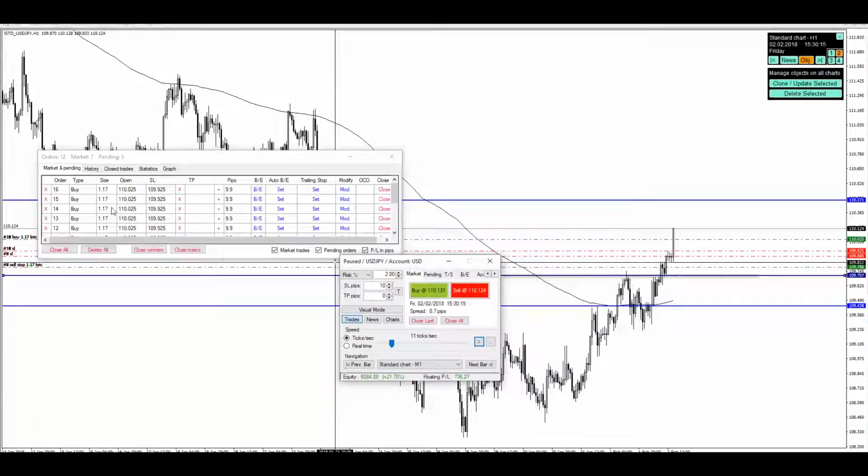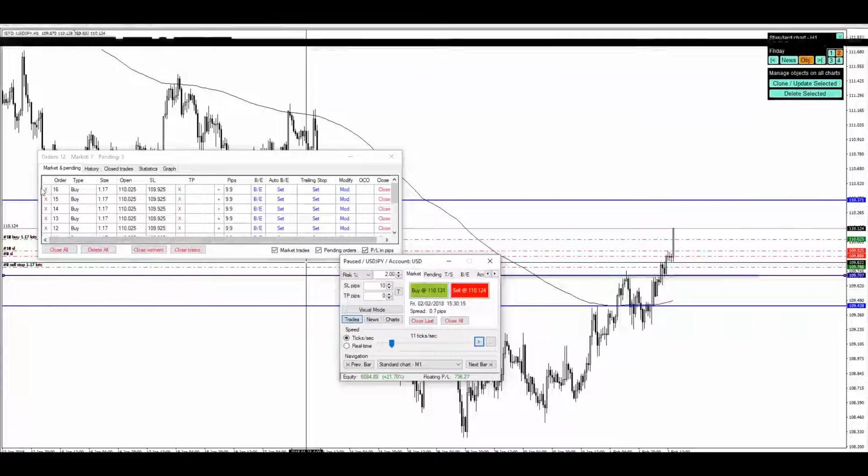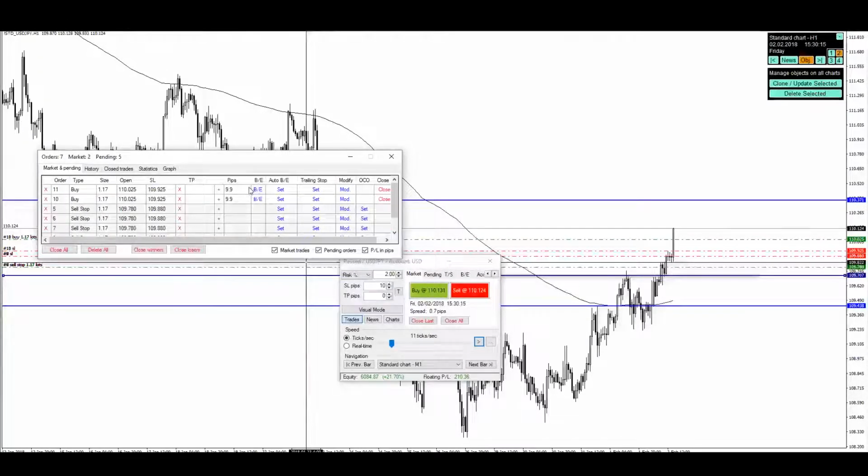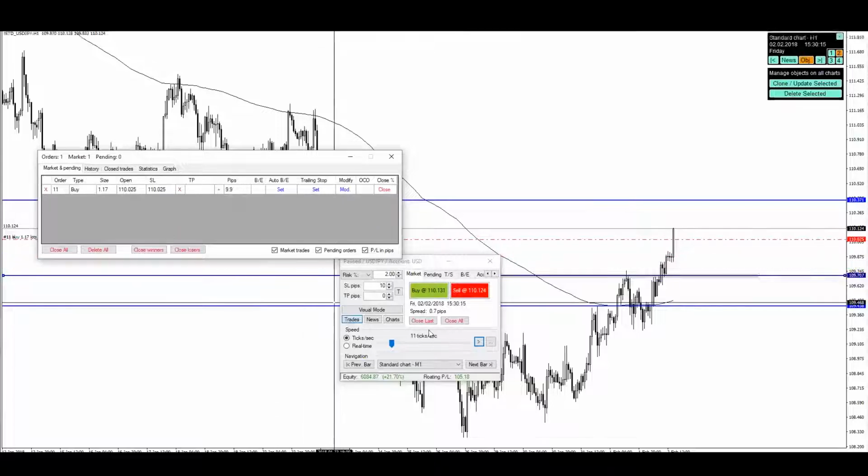Still going. So what are you going to do? We're going to close. Maybe let one run, and then close these sell stops. Right? And that's it.